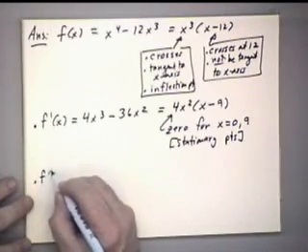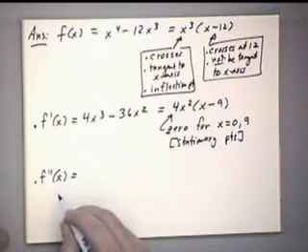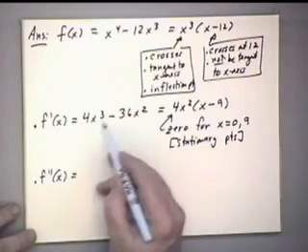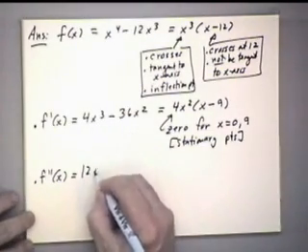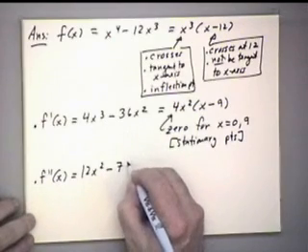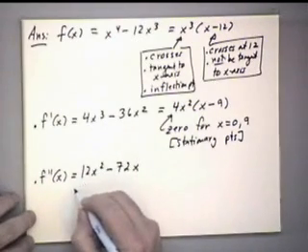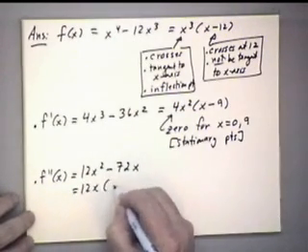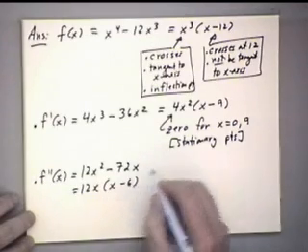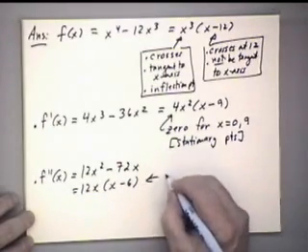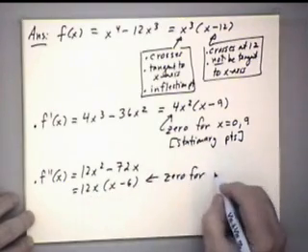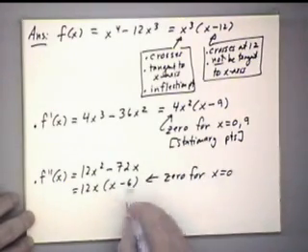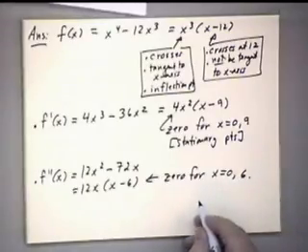All right. We need the second derivative also, so let's do that. And I will use this first form because it's easier to deal with here. I'll have 12x squared minus 72x. And if I factor that, I get 12x times x minus 6. This expression is going to be 0 for x equals 0 again, and for x equals 6.